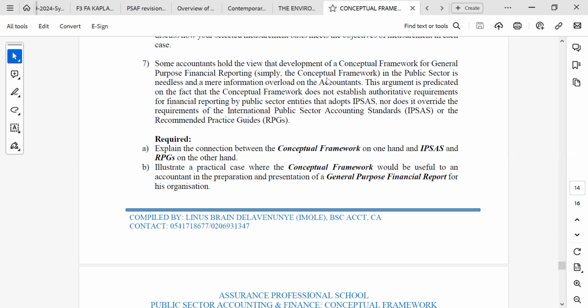And instead of you paying the person in cash, you have now told the person that what will happen is that we are going to give our employees to you. Since you don't have employees, you need employees. We are going to use our employees to pay for you, because we are paying that particular person. So we give the person to you now and we'll be paying. Which of the IPSAS is talking about this? None of the IPSAS. But you have to account for this particular transaction because you have gotten the items. You have to put the items in your books. How do you do the corresponding entry? What are you going to be doing? So you have to fall on the what? On the guidance provided by the conceptual framework.